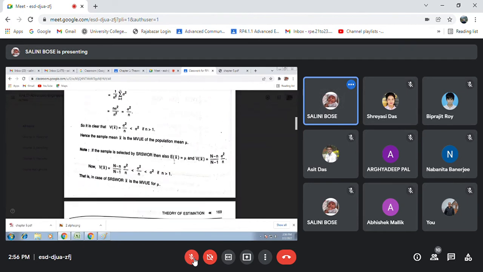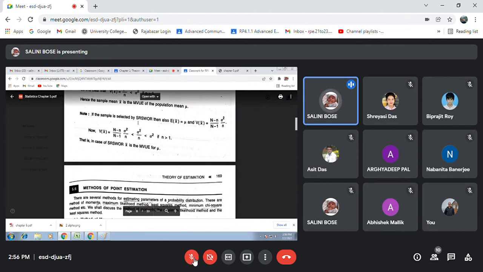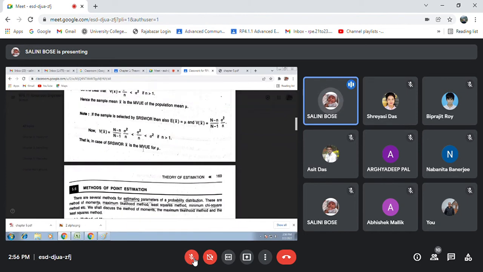Clear? Similarly, in the same case, if you do SRSWOR, you have this factor, and from this factor also you can see that if n is greater than 1, then this value will be less than sigma square by n. So automatically we can say the MVUE, minimum variance, condition is satisfied.